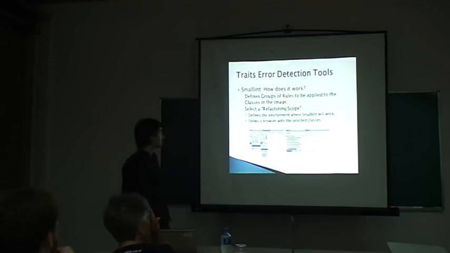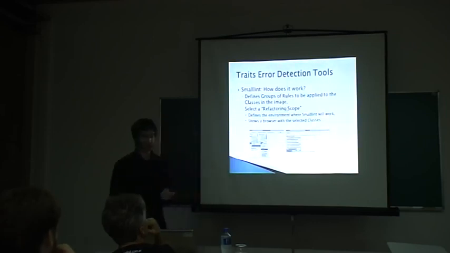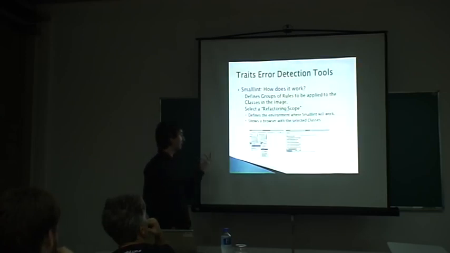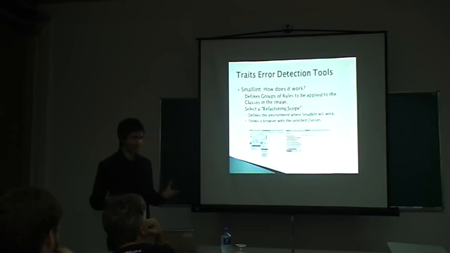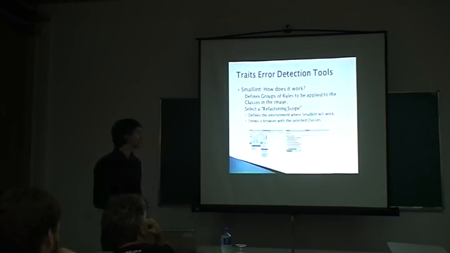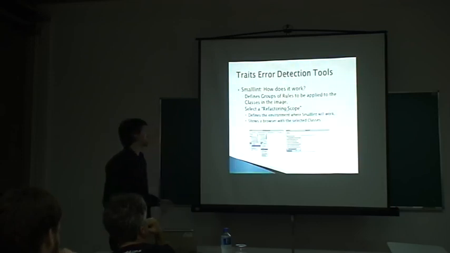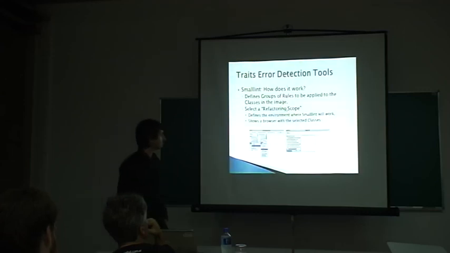You have to select some part of the environment to check. You define a group of rules that has to be applied to that sub-environment. That environment is a set with classes and traits inside of it, and you decide to apply those rules on it. That environment is also called the refactoring scope.